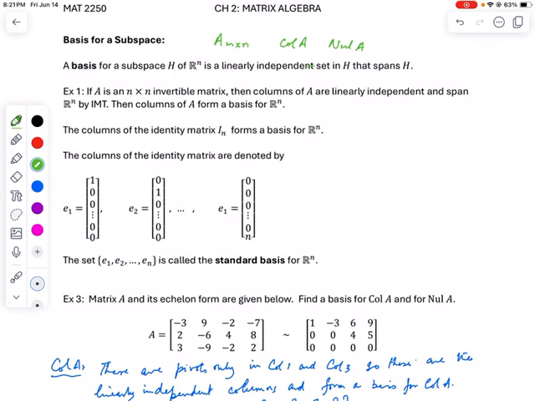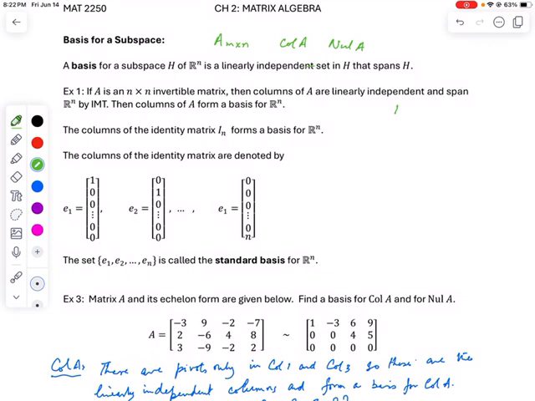So remember, here we are talking about subspaces, but later on in chapter 4 we will talk about vector spaces. So these are generated by fewer vectors than they have.